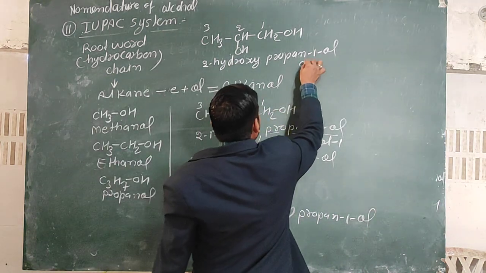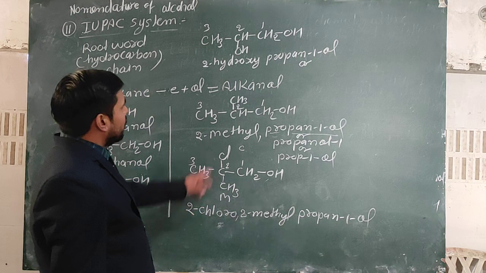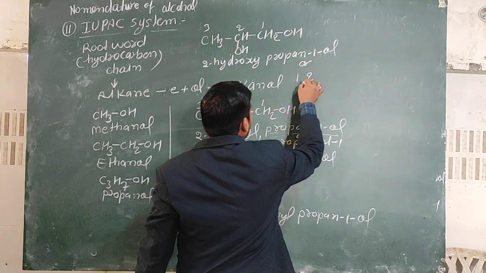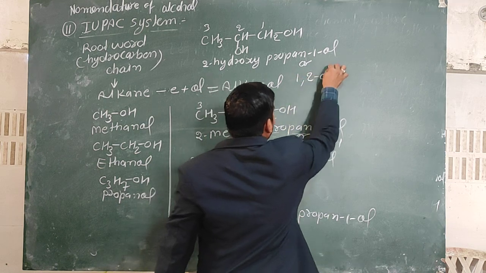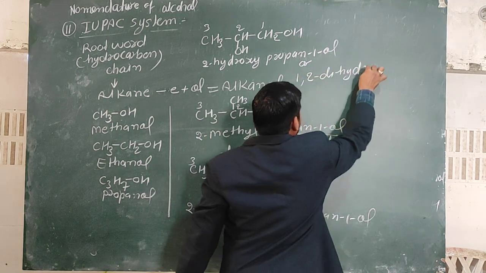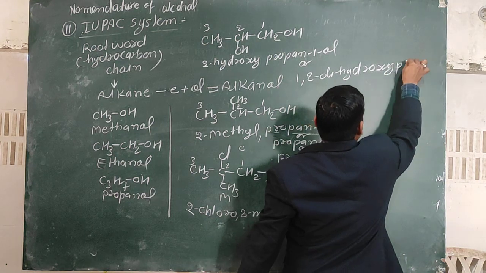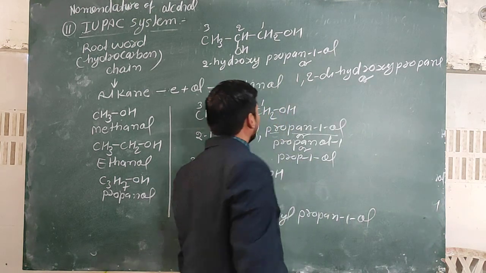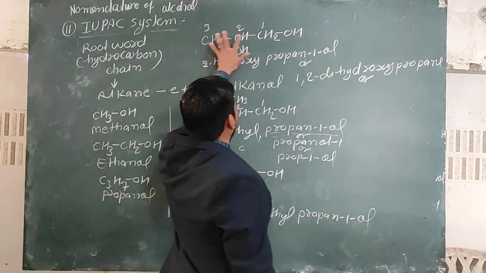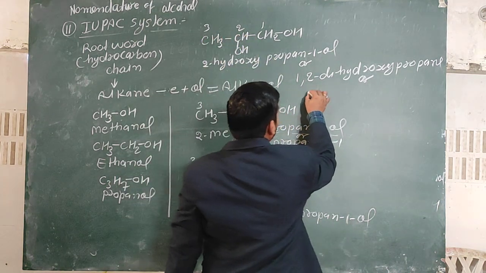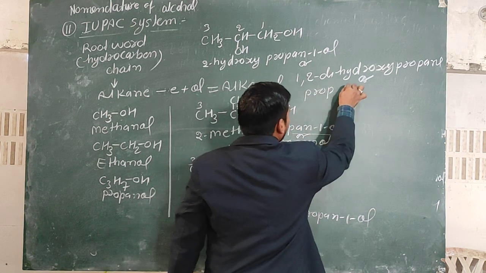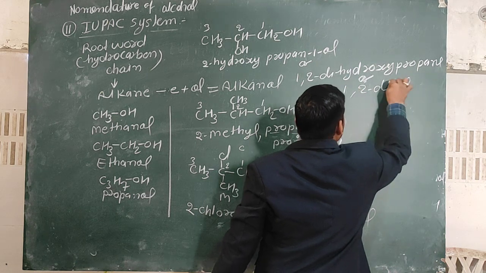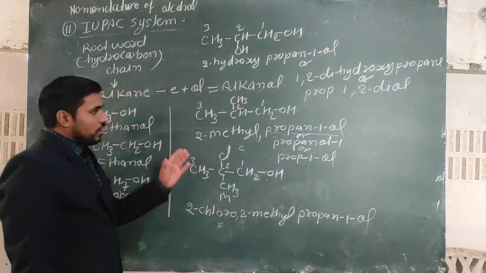Another name is also possible: you can write 1,2-dihydroxy propane. And you can also write another name, prop-1,2-diol. I hope you understand better.